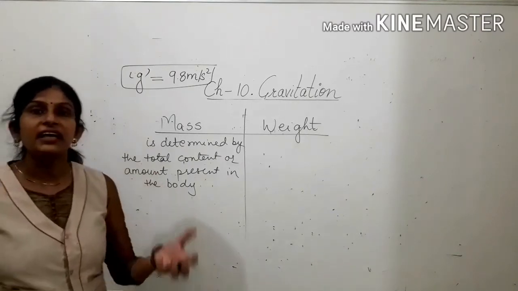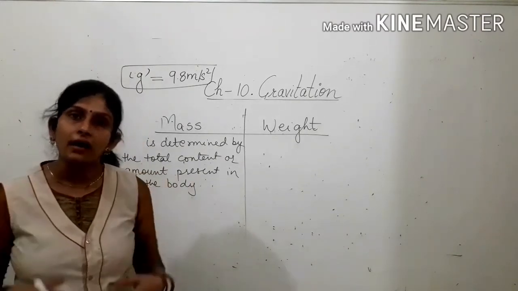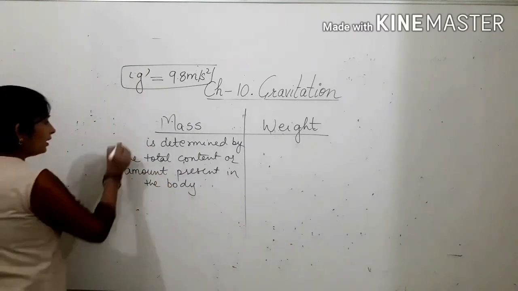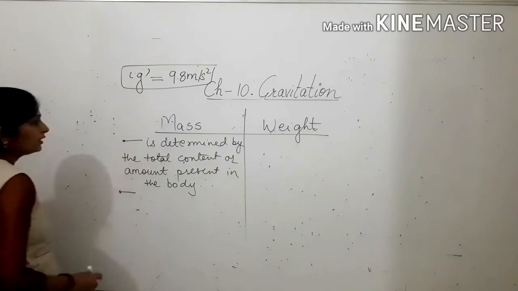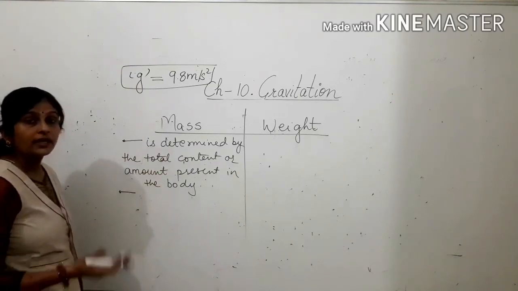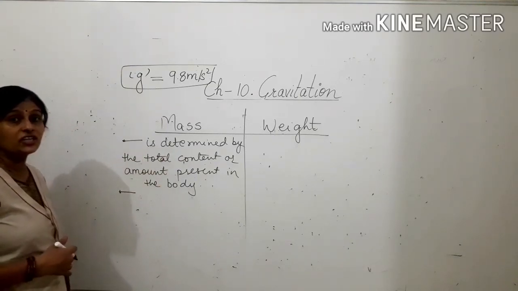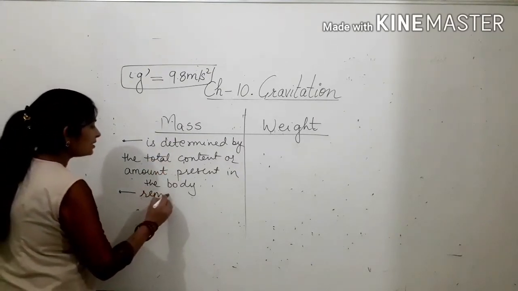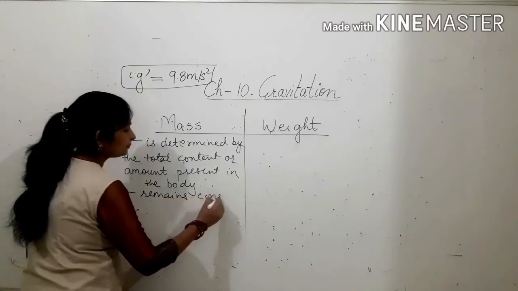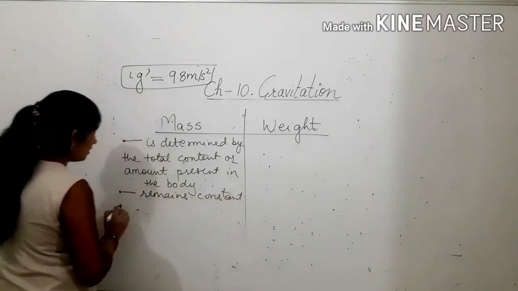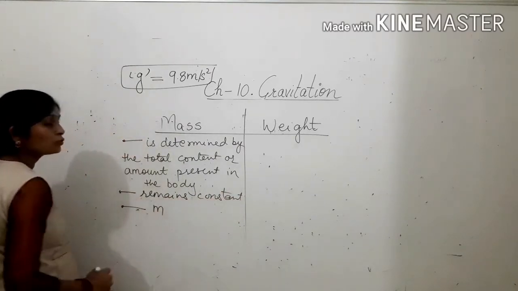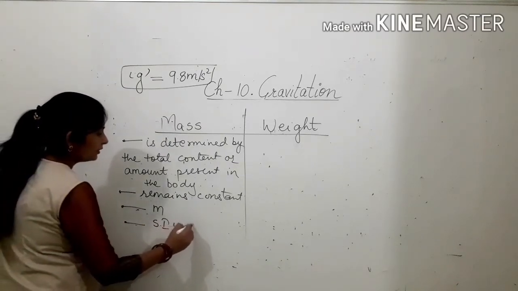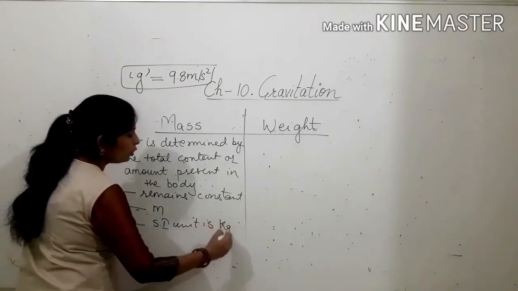So whatever the content or amount present in our body, that decides our mass. And we all know that this content or amount in our body does not change from place to place. So it remains constant. Mass is denoted with small m and its SI unit is kilogram.